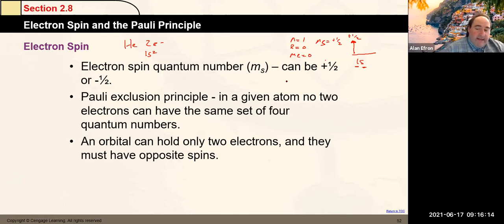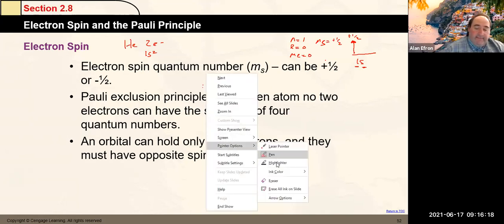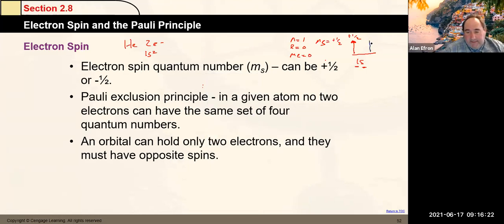Now, if I decided to put my next electron in there heading in the same direction, my electron now would have n equal to 1, L equal to 0 because it's in the s orbital, m sub L would equal 0, and my m sub s here would be plus 1/2.